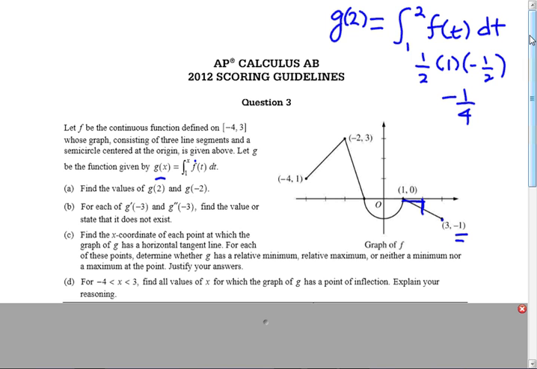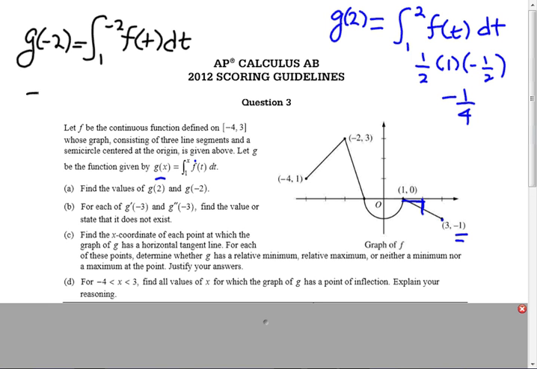What's G of -2? So G of -2 is the integral from 1 to -2 of f of t dt. Well, I got to go backwards, and I get all confused when I go backwards. So how about if we rewrite it from -2 to 1, then it's in the right order, but you remember what you have to do? Put a negative. I think it's easier for you. I can go backwards, but then you have to think, okay, going backwards, that's negative.